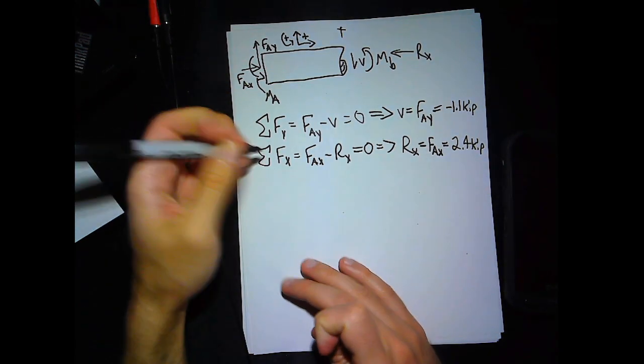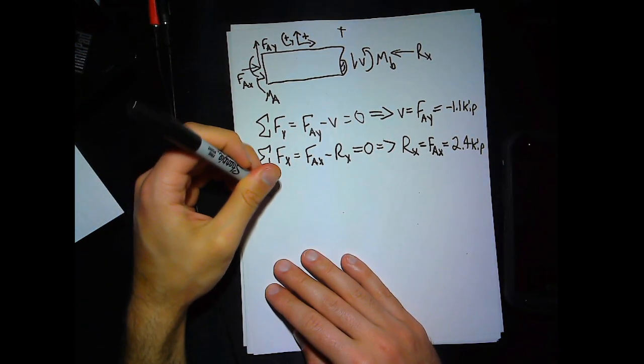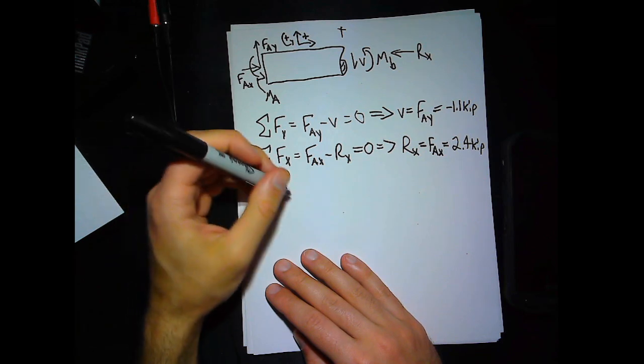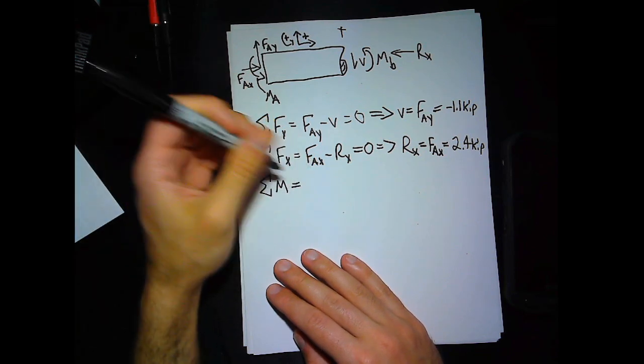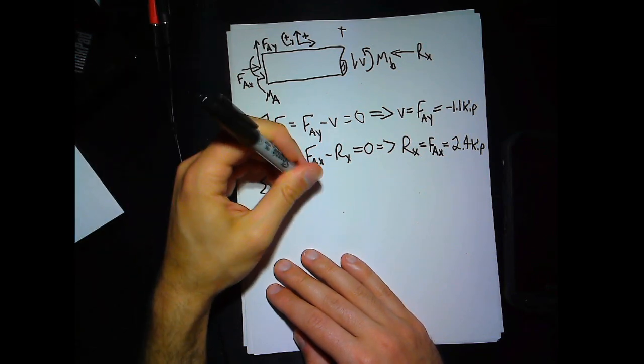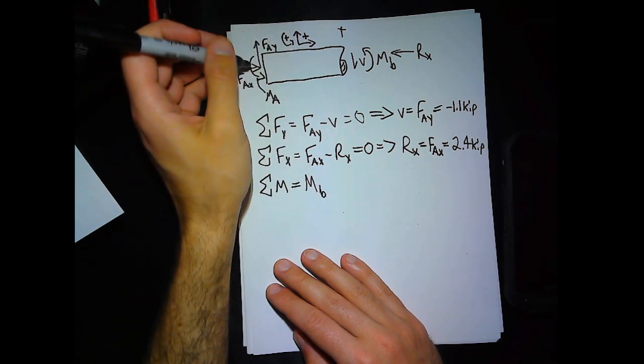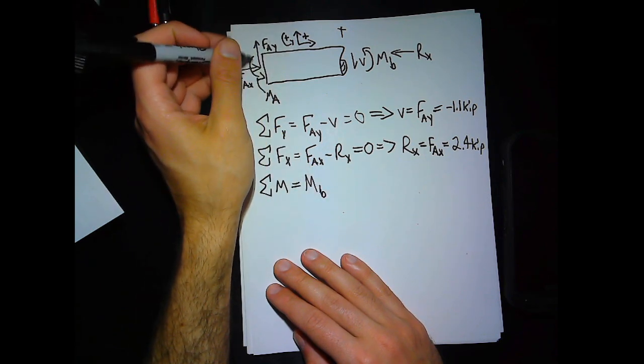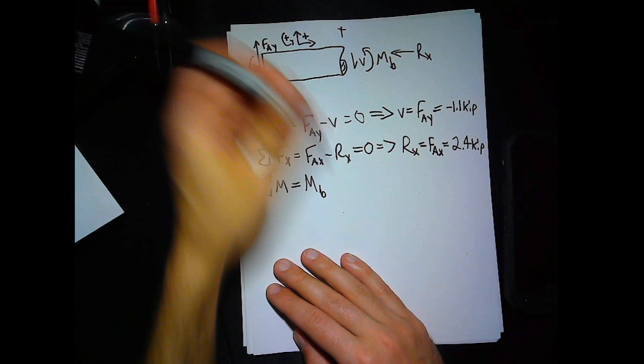Great. Fun one's the summation of moments. Remember, we always take around the section. So I've got my bending moment at the section. I have this MA over here, so that's a moment. It's in the positive direction.